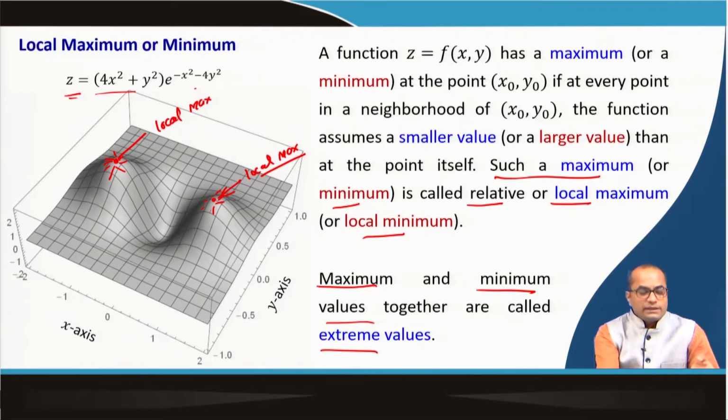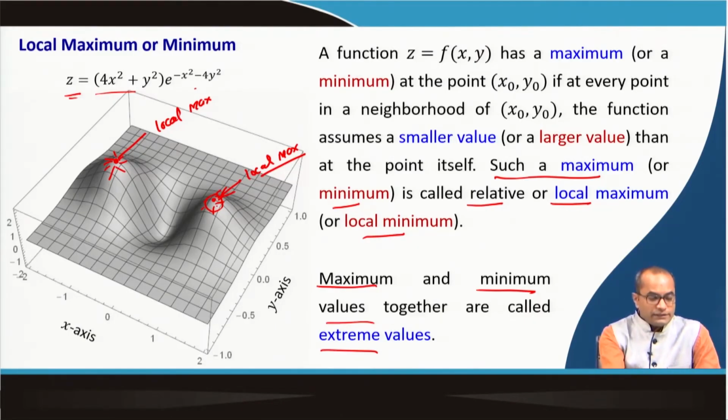It may happen that at some point the value of the function is more than at this point, but locally we have the maximum value of this function. In the neighborhood, which may be very small, the function is taking smaller values than at this point.